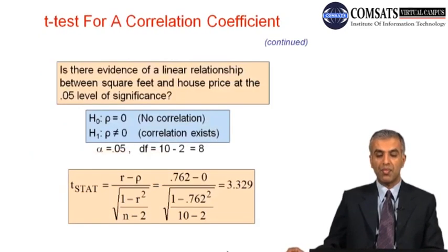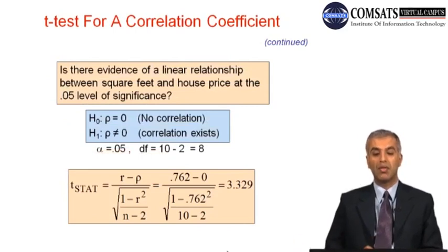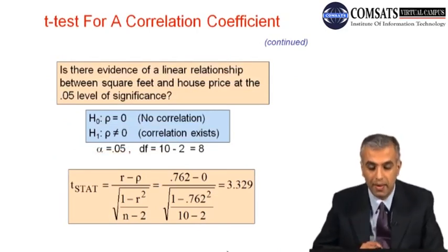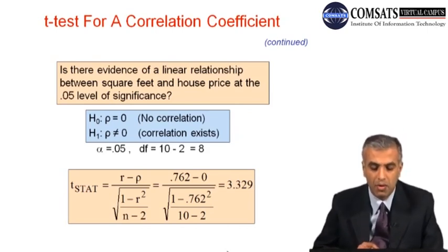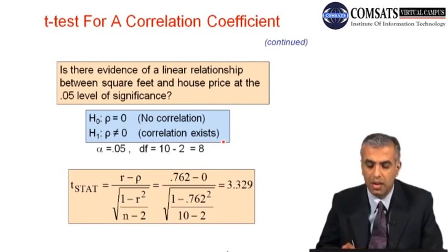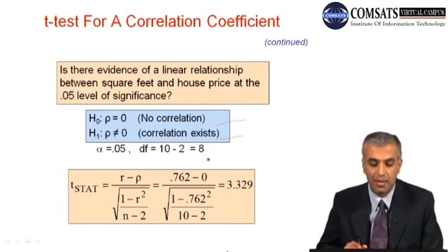Then again, in this case we have just taken the same square feet and house price example. We just want to answer whether there is any linear relationship between the size of the house and the price at a level of significance of 0.05. The null hypothesis states that there is no correlation, and the alternative hypothesis states that the correlation does exist.